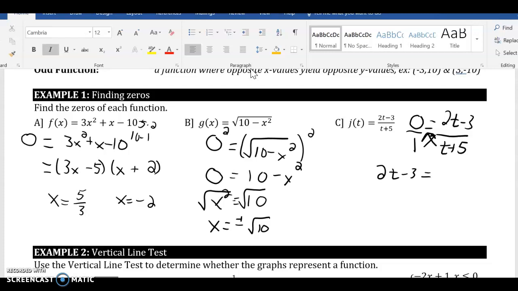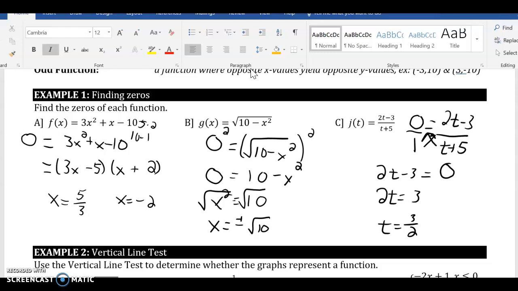You get 2t minus 3. When you multiply this, you get 0. Essentially, this is called a rational function. When you have a rational function, you just set the top equal to 0, which is what ended up happening. So you solve, you get 2t equals 3, and t equals 3/2.